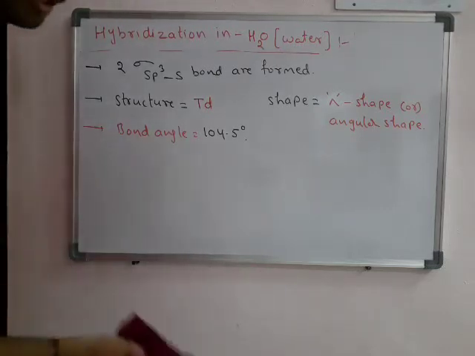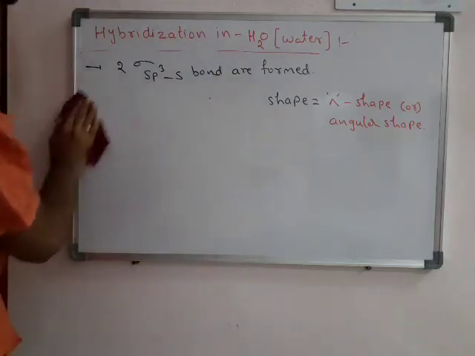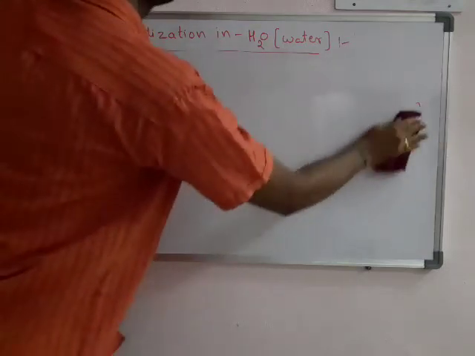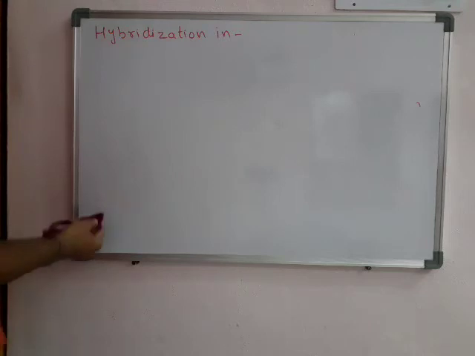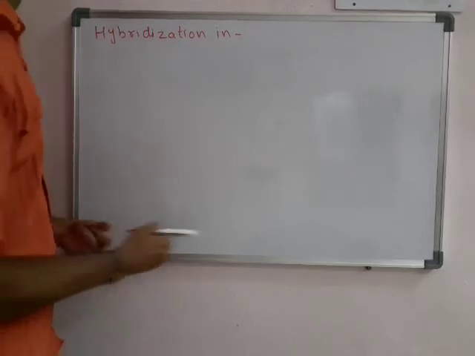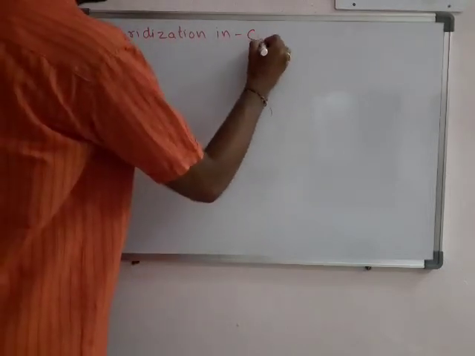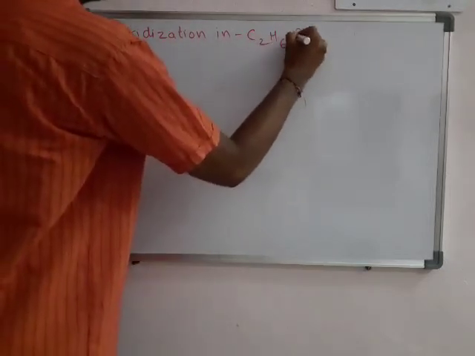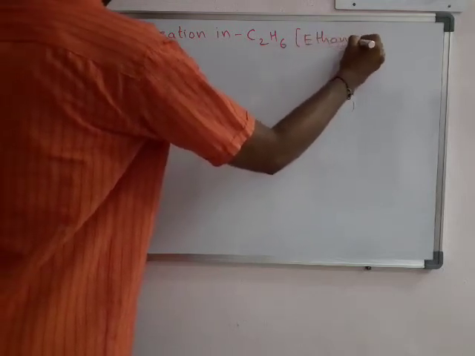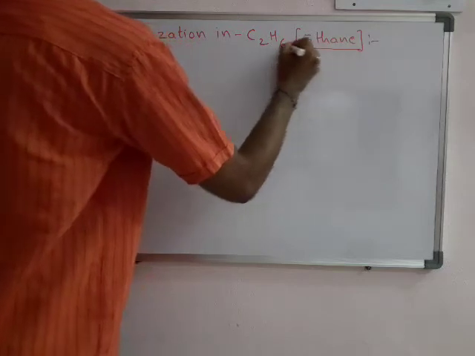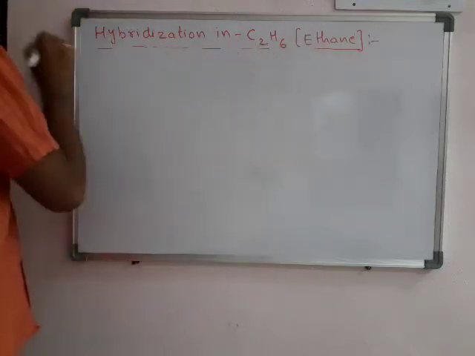Okay, next see the next molecule, that is hybridization in ethane. Ethane formula, that is C2H6. So hybridization in ethane.